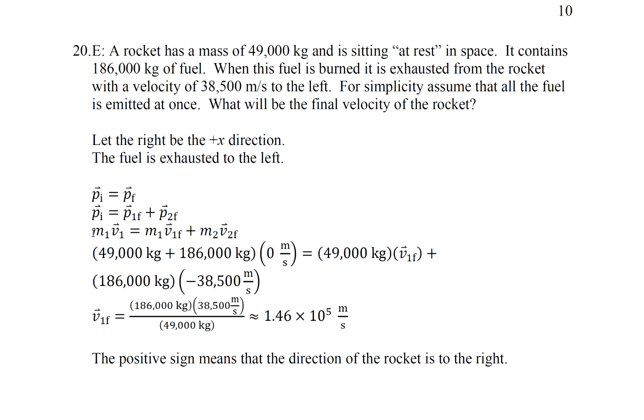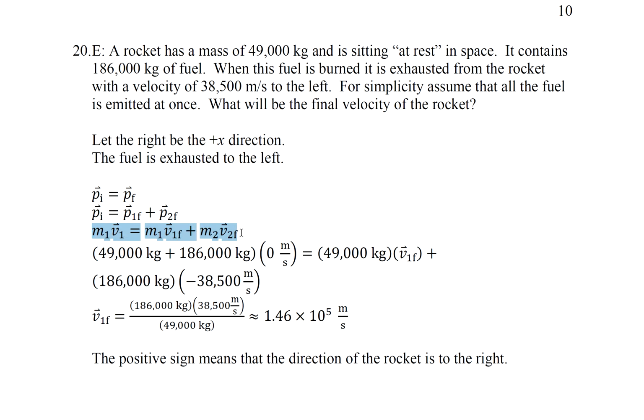So the rocket and the gas is m1 v1. The rocket by itself going to the right is going to be m1 v1 final. And the gas, the velocity of the gas, is going to be m2 v2 final.